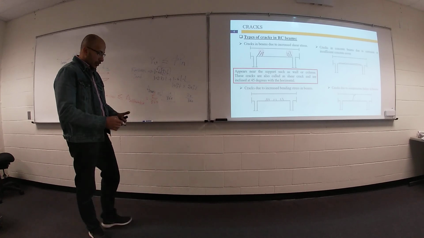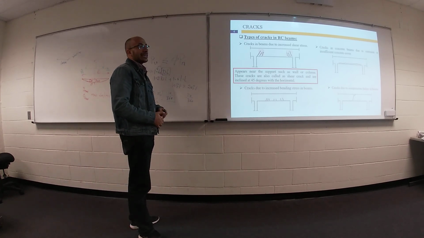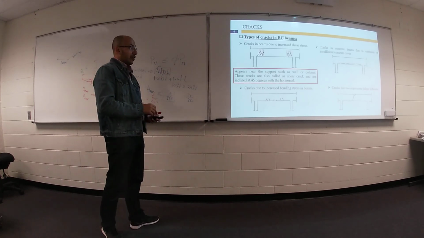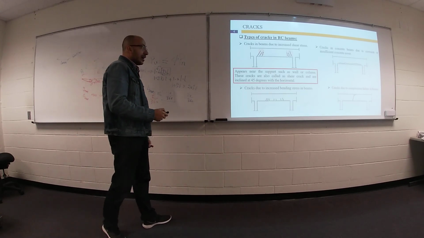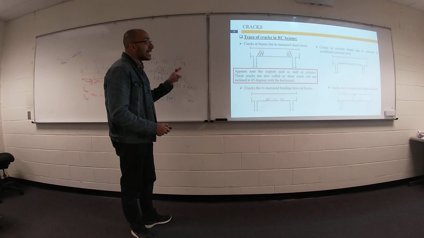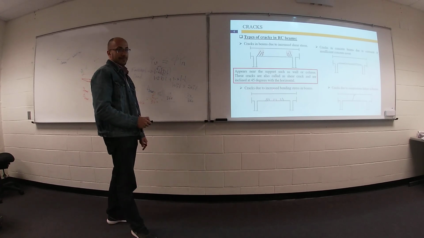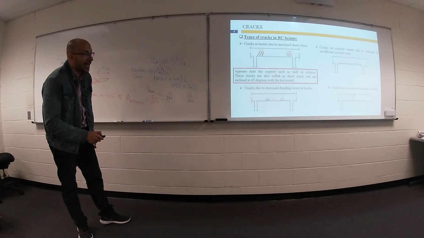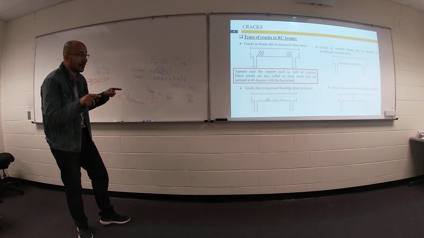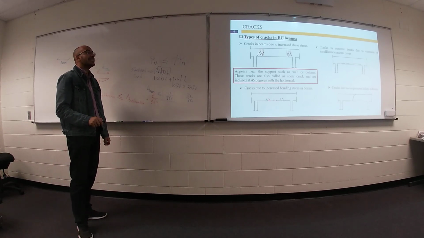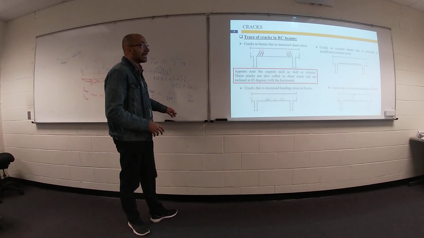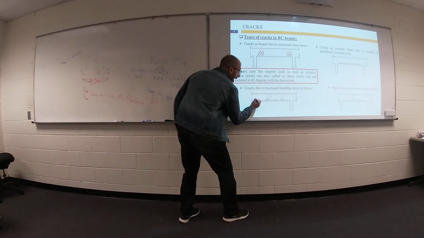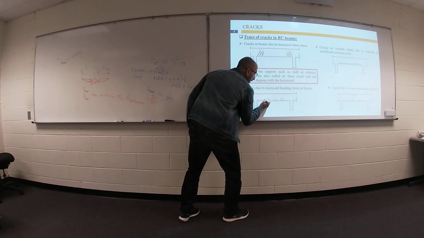Second one, you have vertical cracks, not inclined, mostly vertical cracks at or near midspan of your beam. These cracks are called flexural cracks or bending cracks. We don't have enough steel reinforcement in your beam.